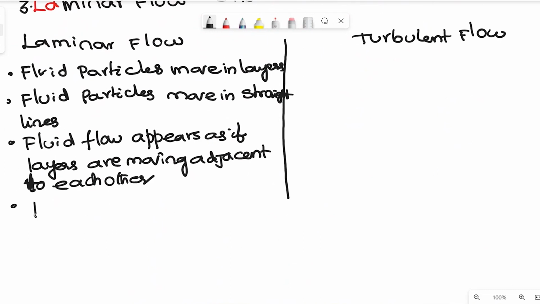And this is possible only at low velocity and when the fluid viscosity is high.